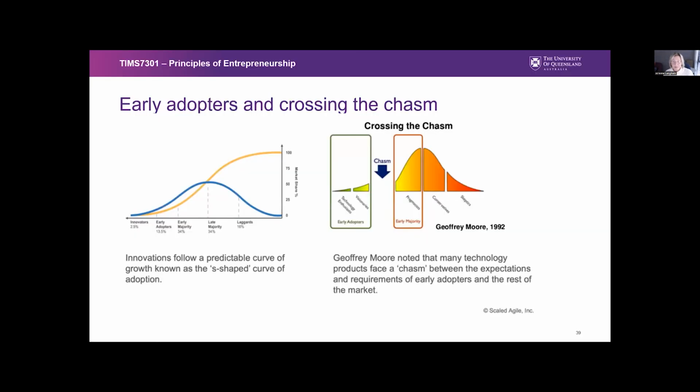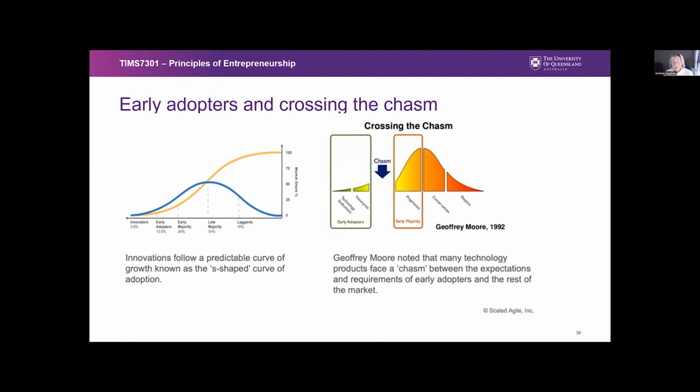And this is a bit of a tricky thing because we see that innovators generally follow a predictable curve, which is the yellow curve shown on the screen there, which is an S curve, and that's usually the adoption process.